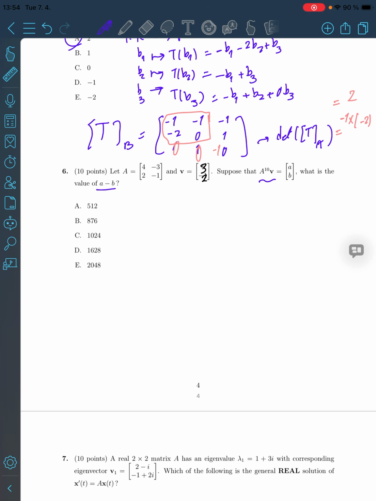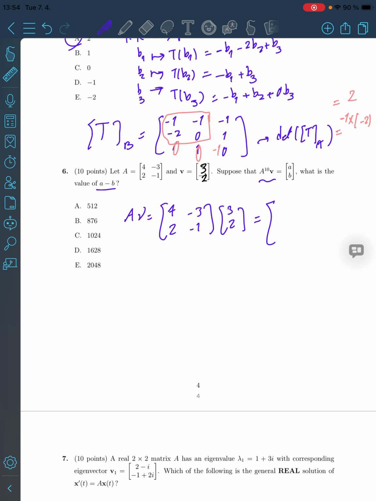But even if you don't have any knowledge of eigenvalues, I believe you do, it's easy to compute, because you can easily compute AV. So let's compute it: 4, -3, and 10, -1, times 3, 2.